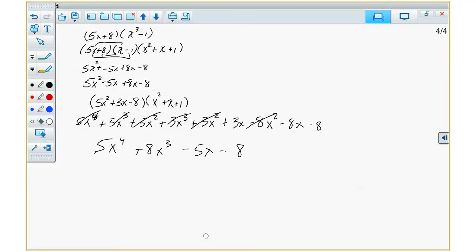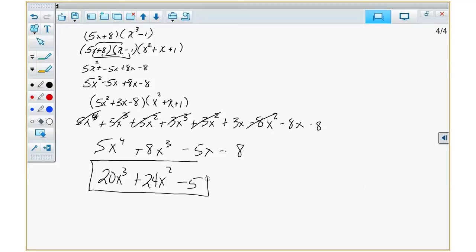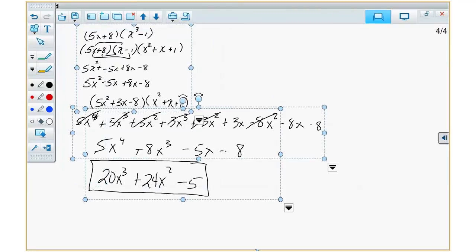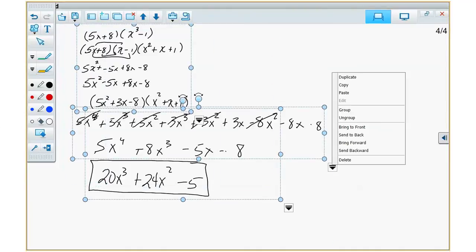Check me. Yeah. And now we can use our derivative rule, which will give us 20x to the third plus 24x squared minus 5. Now, we're not worried if that's the right answer because we're fixing to check it with the product rule. Okay? So I'm going to take my handy dandy shrinker, shrink this down a little bit.